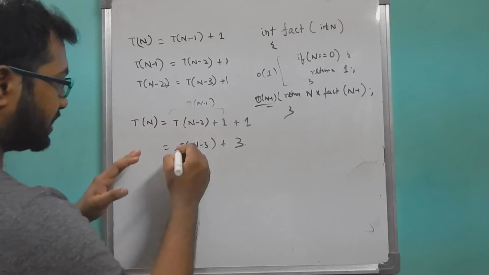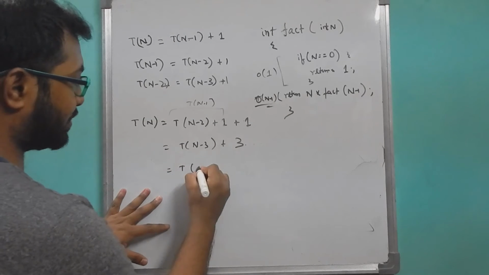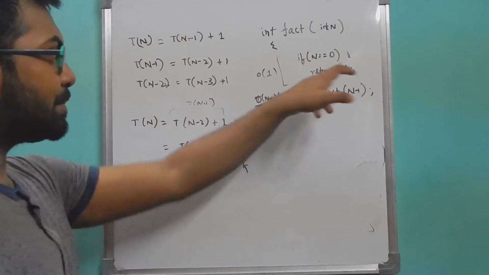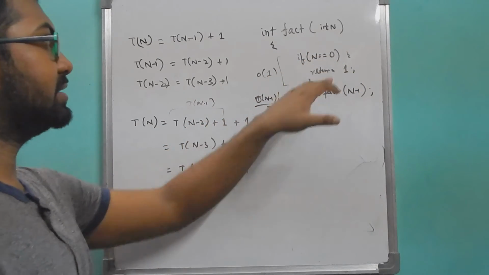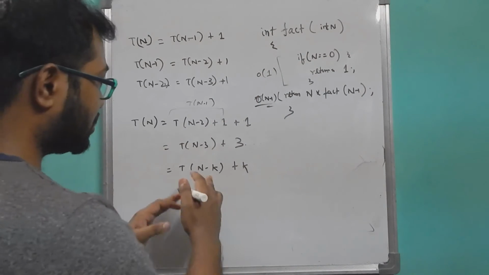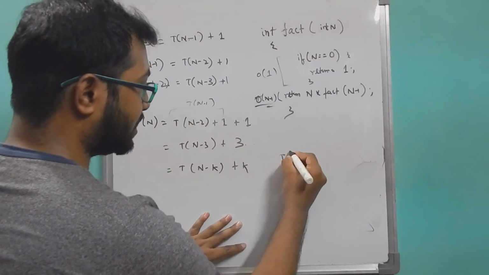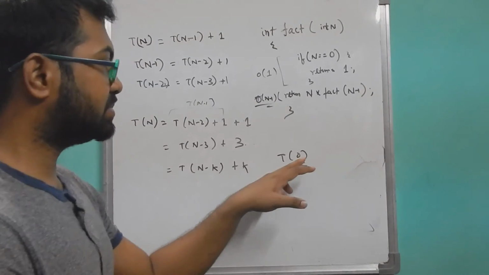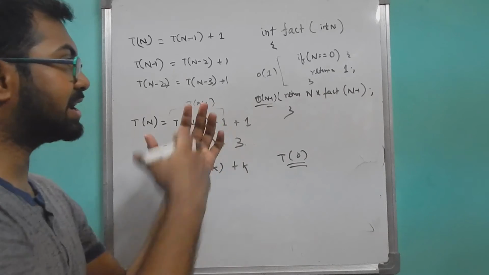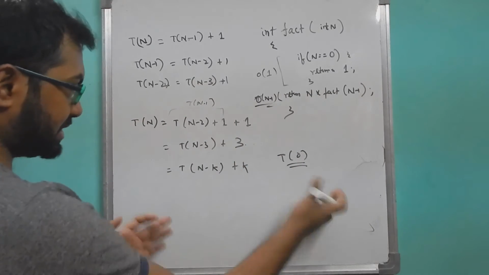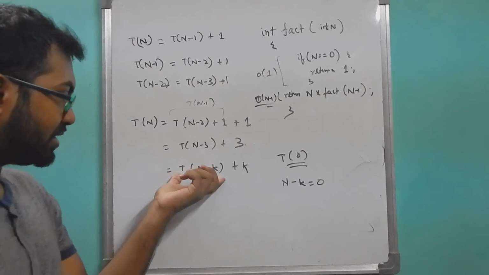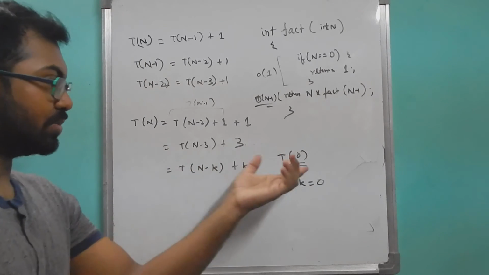You can see that if this is the case, we can go till T of n minus k plus k, right? Now what is the base case here? When n equals 0, it will just return 1 and the time is just a constant time. So the base condition becomes T of 0. For that, n minus k should become 0, because we need T of n minus k to become T of 0.